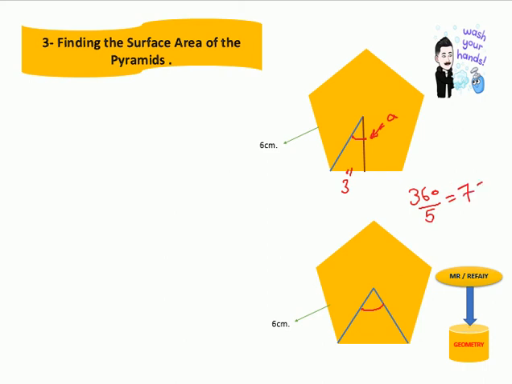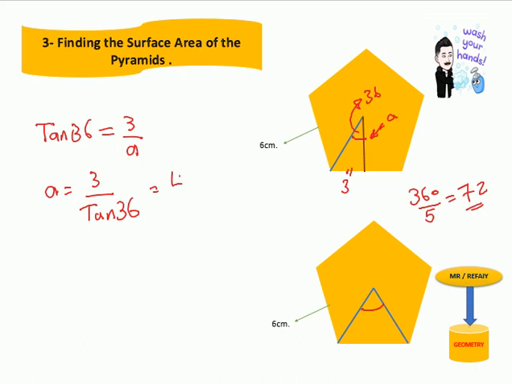It will be 72, and this angle, it's half of this one, so it will be 36. Now we can use tangent. Tan 36 equal 3 over A, then A equal 3 over tan 36, which is 4.1. So the length of the apothem here, it's 4.1.